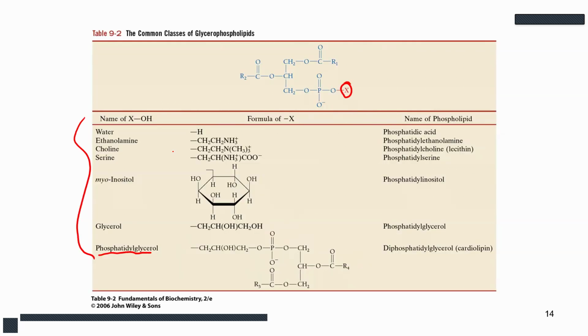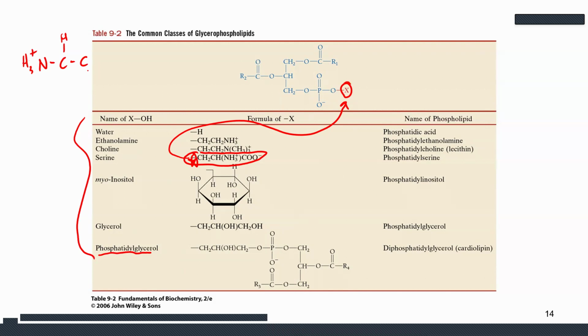Now, do I want you to know any of these specific head groups? No, I don't. What I want you to know about them is how to basically visualize them. So if we look at serine, for example, this right here ends up right there. Now think about the amino acid serine. I always draw serine like this, NCC, H3 plus.